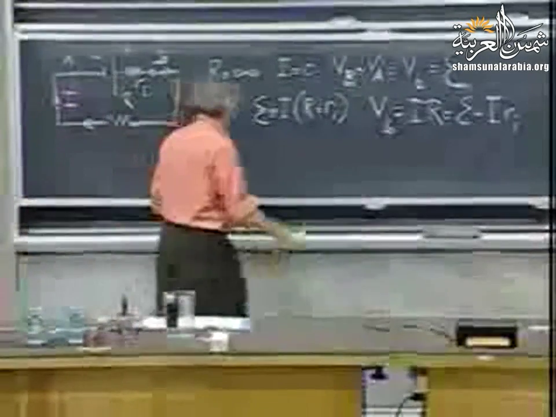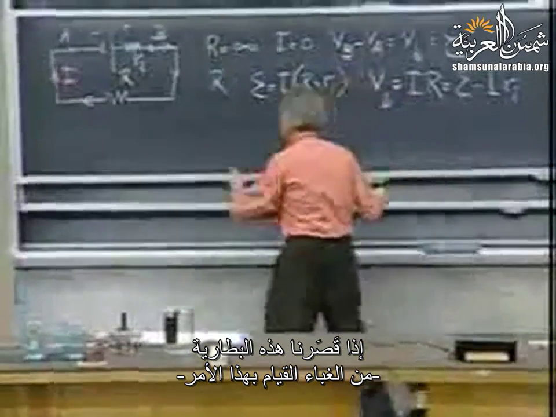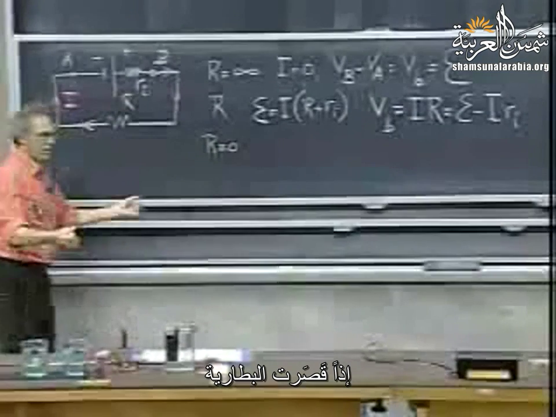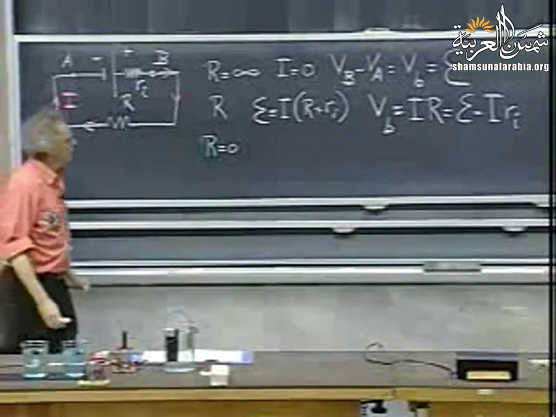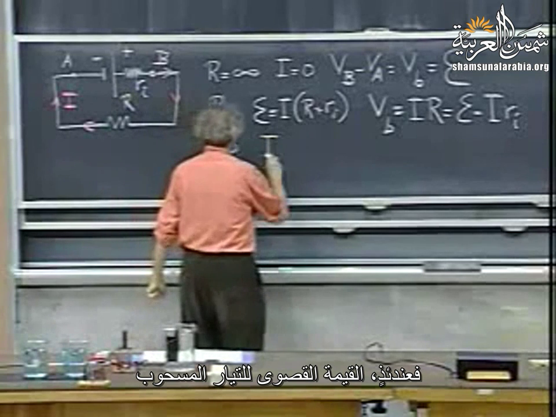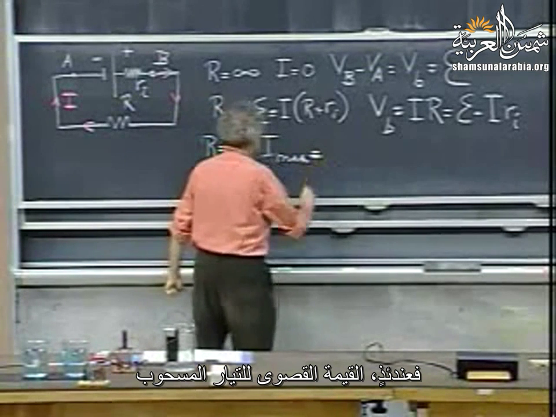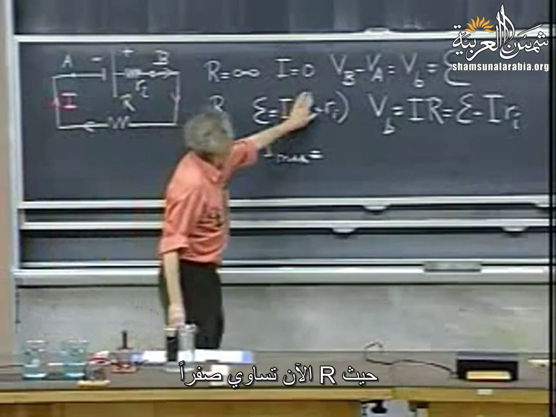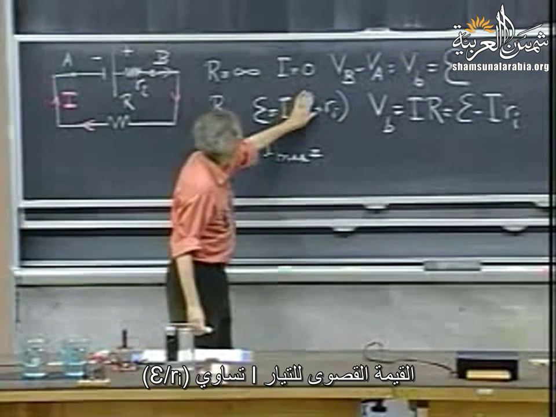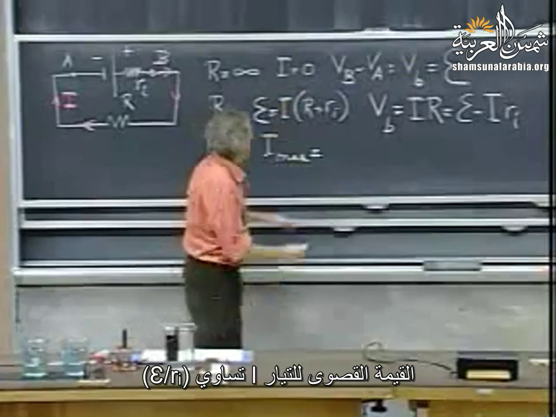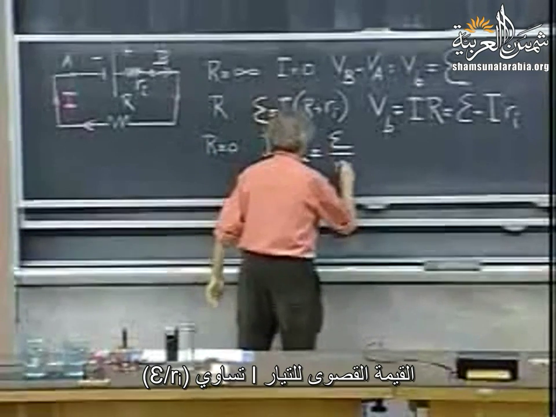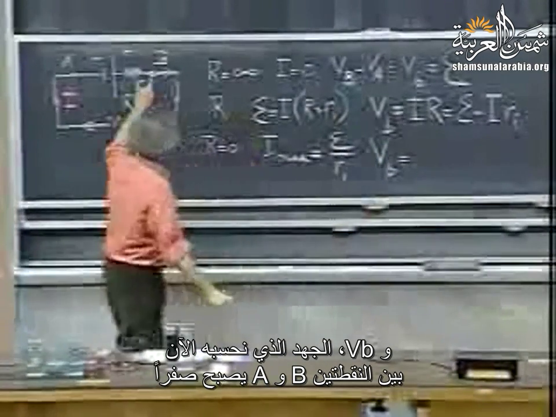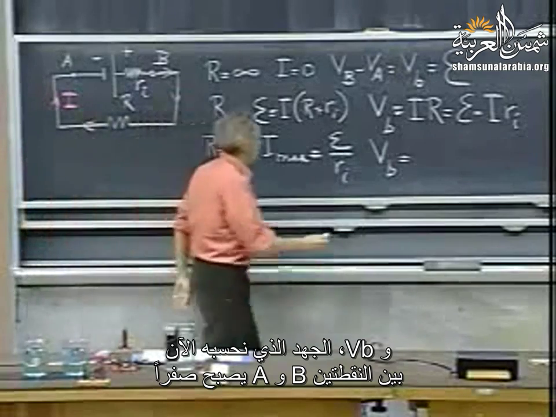If I shorted out this battery, stupid thing to do, but if I make R equals 0, so I take the battery and I just short it out, then the maximum current that I can draw, so R is now 0, so you can see that the maximum I that you can get is E divided by R of I, and V of B, the voltage that you would measure now between point B and A, goes to 0.